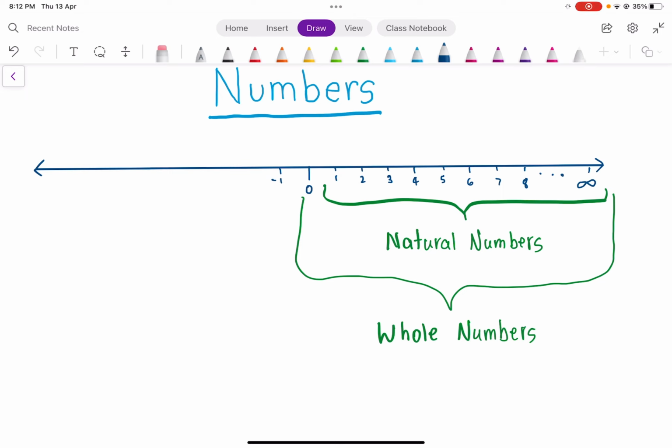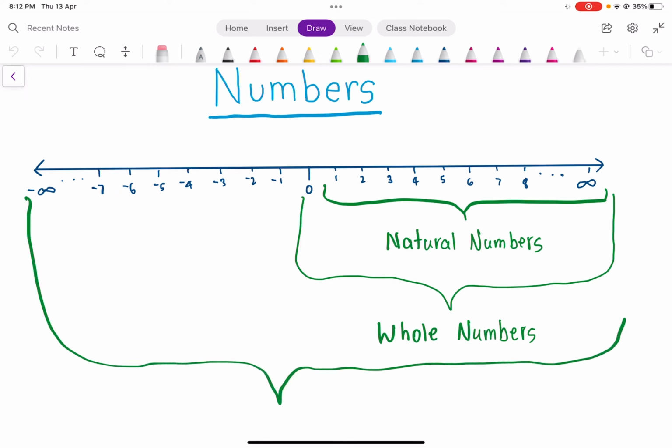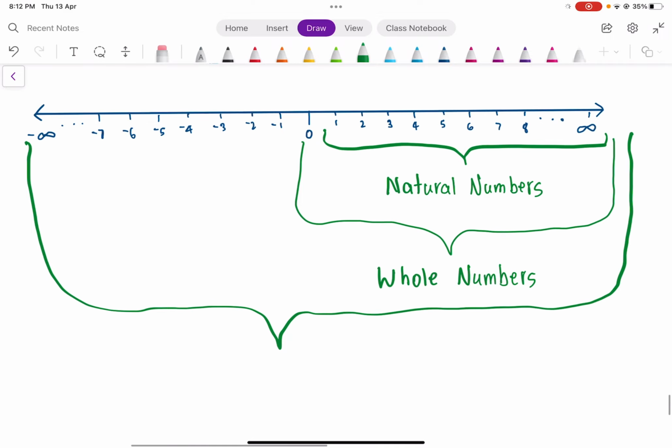That means there's going to be -1, -2, -3, -4, -5, -6, -7, and then it goes all the way to negative infinity. Now, all of these numbers, negative numbers and whole numbers and natural numbers together make integers.